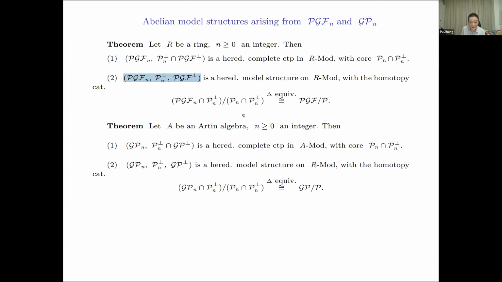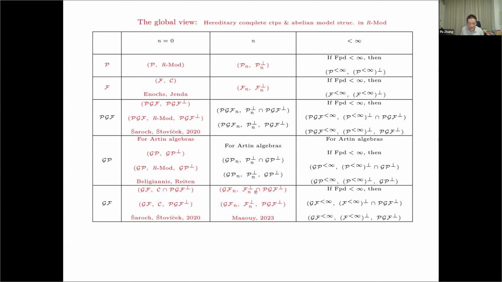And we can also compute their homotopy category. So this is just the PGF modules. This is the triangulated category. You see, this homotopy category is independent of N. They are all the same. Also, for Artinian algebra, we can talk about this GP. Then we can complete this whole table.